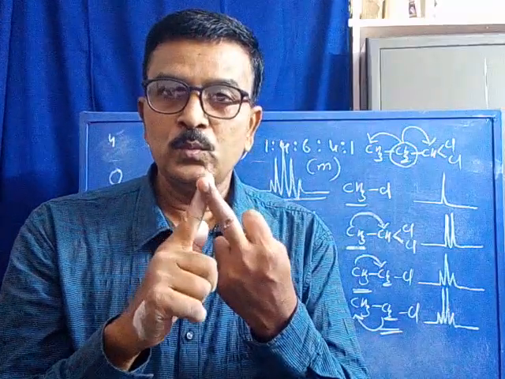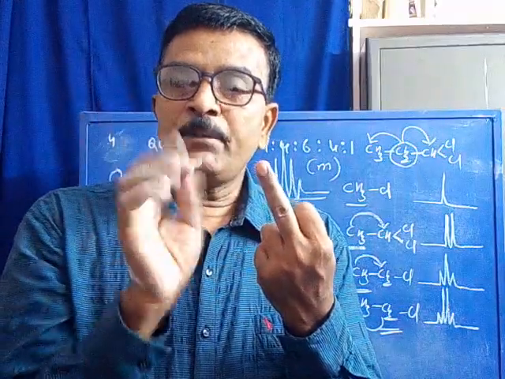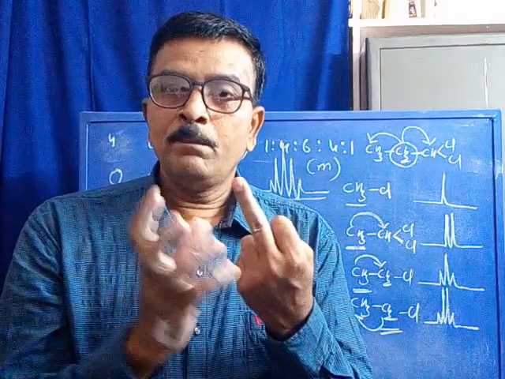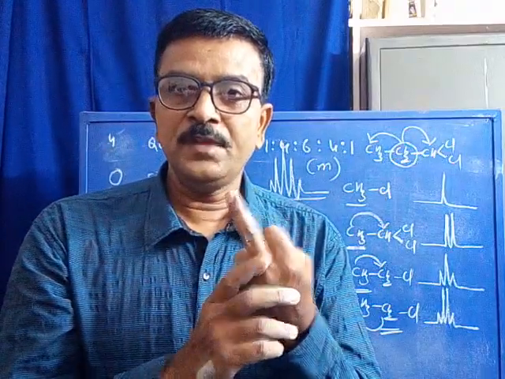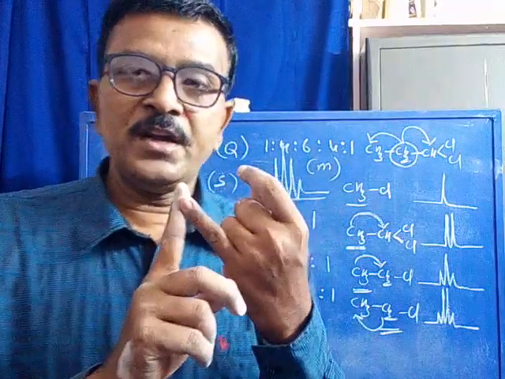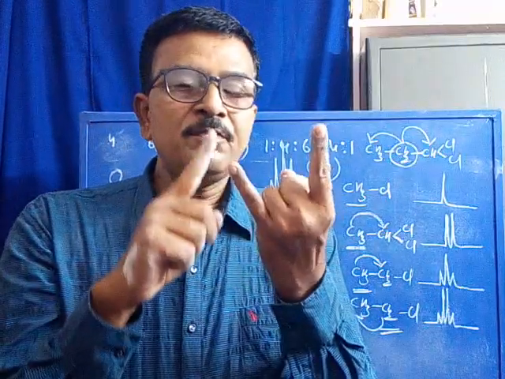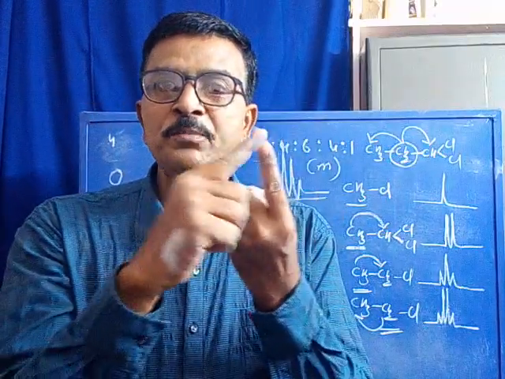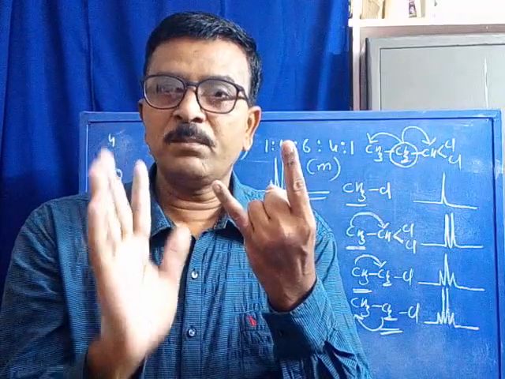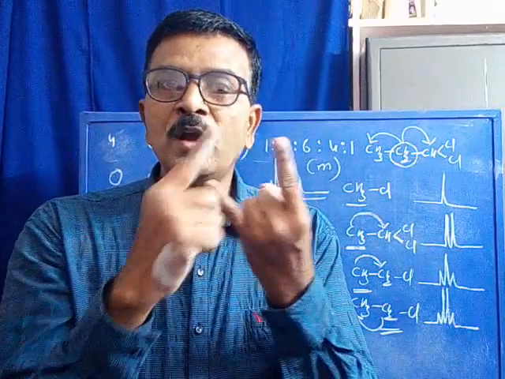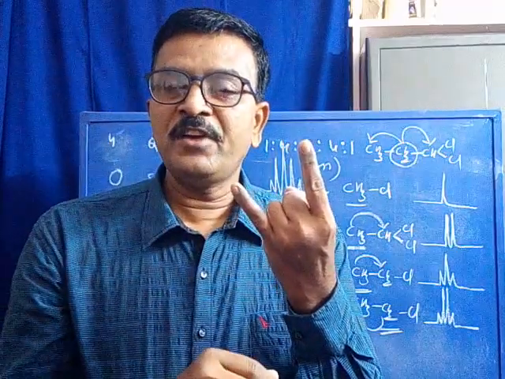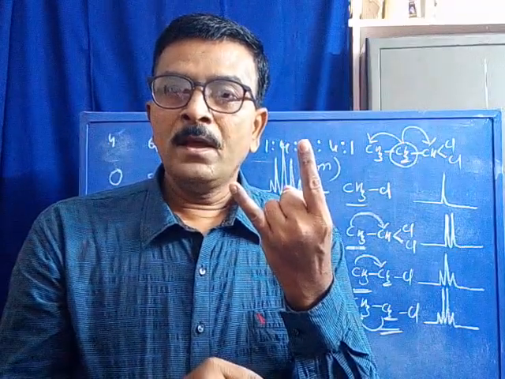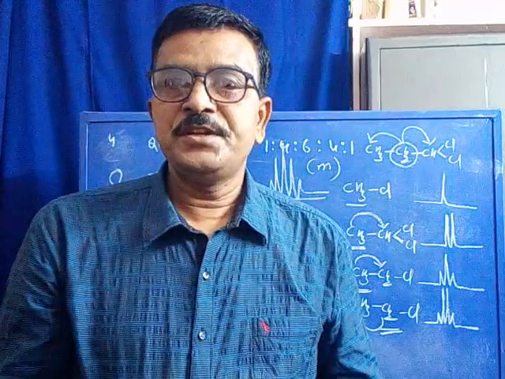Number 2: spin-spin coupling is possible between protons which are adjacent. There are 2 conditions. Coupling of the nuclear spins of 2 sets of protons is possible when they are resonating at different frequencies, absorbing energy at different frequencies, and are adjacent.